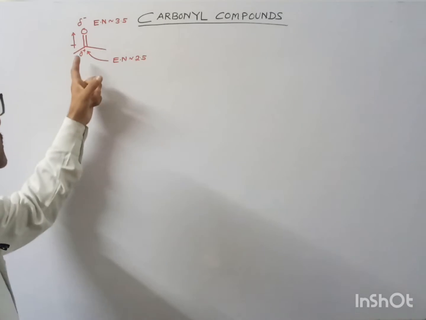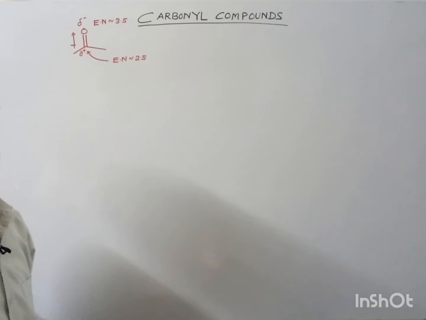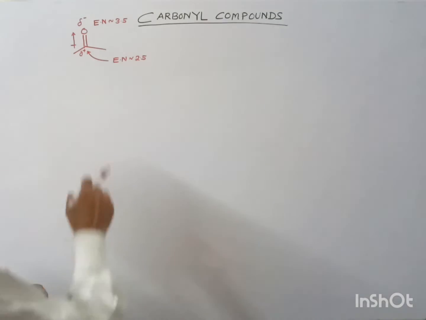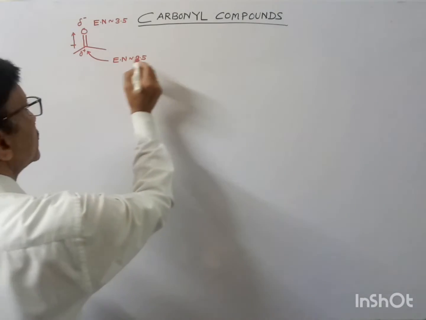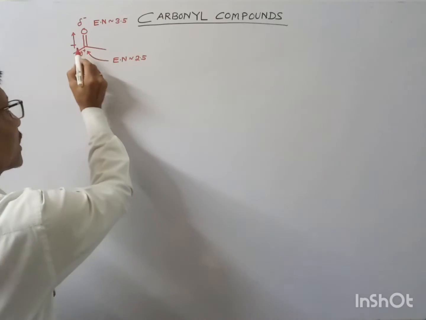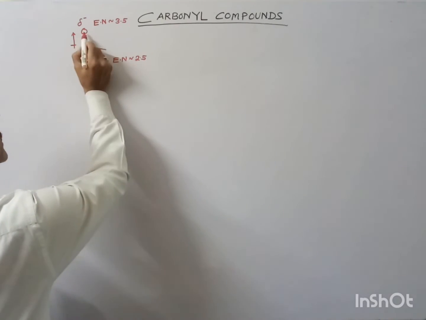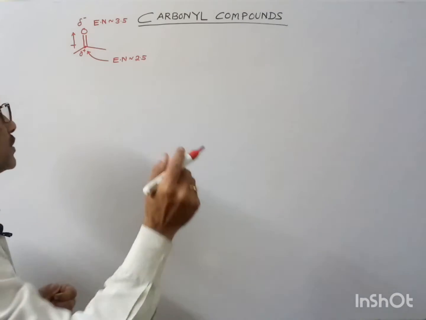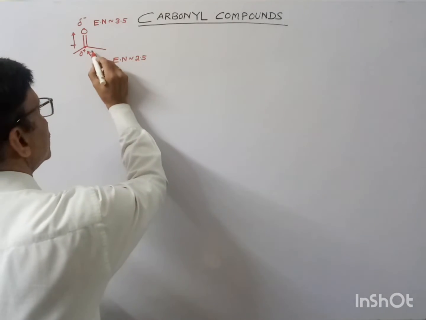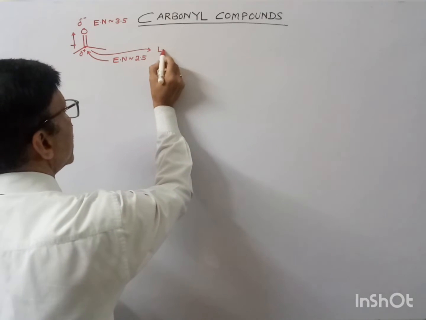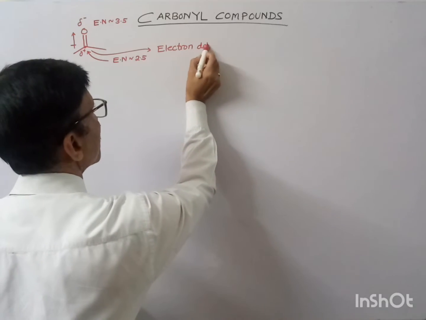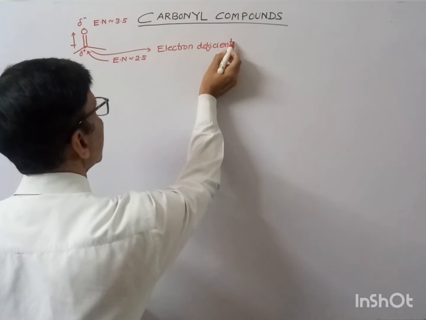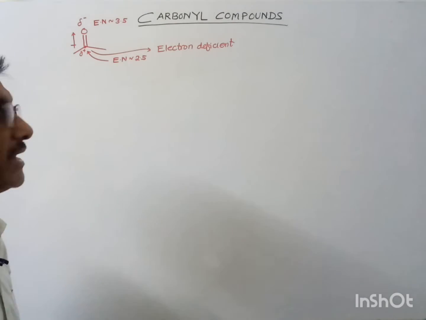That's why this is the electrophilic carbon, electron deficient. This carbon is the carbonyl carbon, this oxygen is called the carbonyl oxygen, and this carbon is electron deficient in nature.